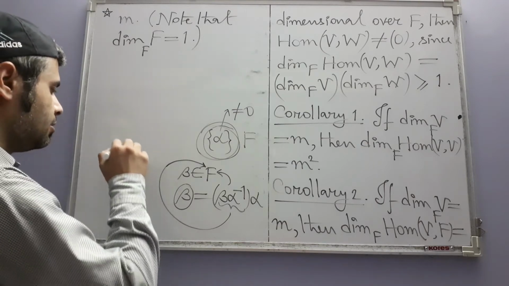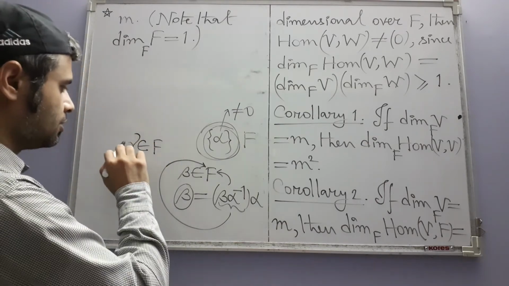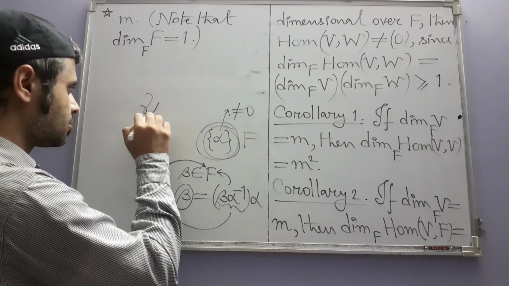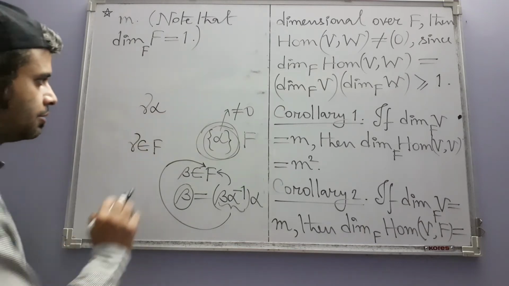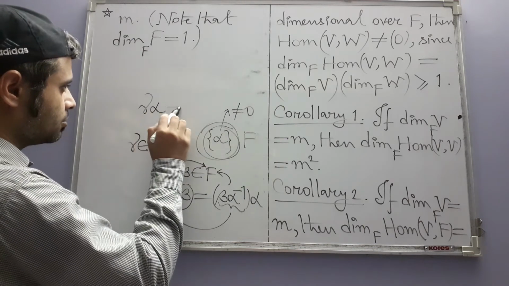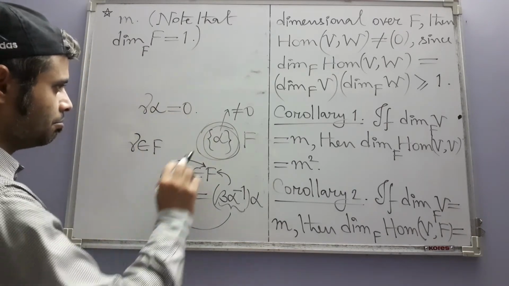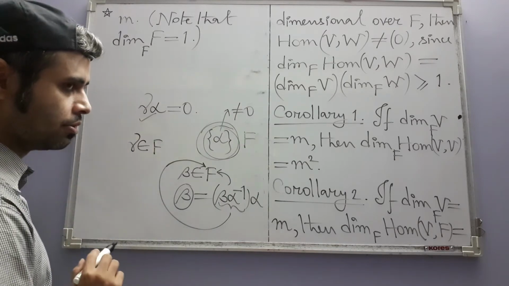If you take any gamma from F, which is treated as a scalar, and you consider the scalar multiple of alpha by gamma, and you set this equal to 0, then because alpha is non-zero, gamma has to be equal to 0.